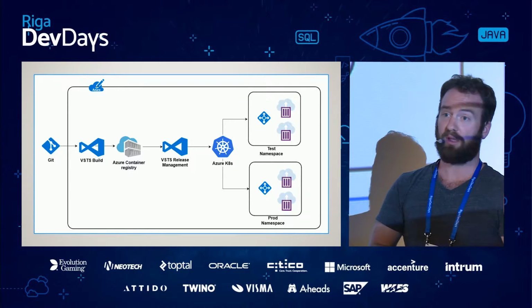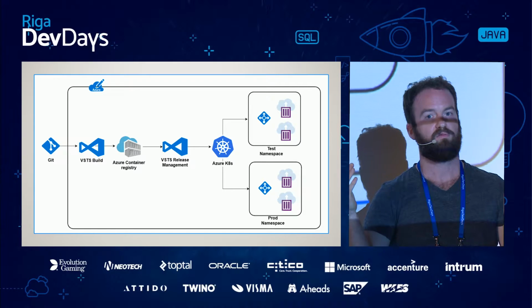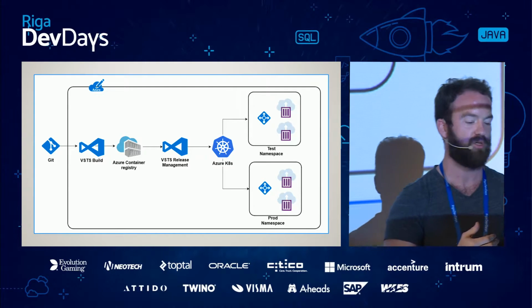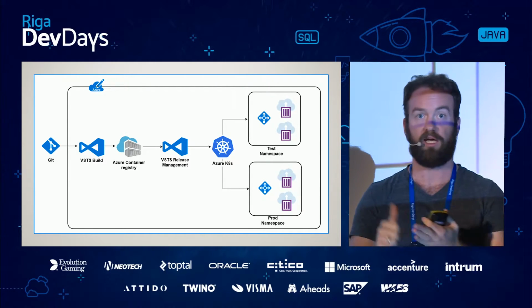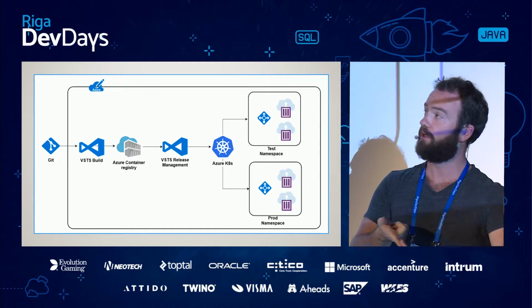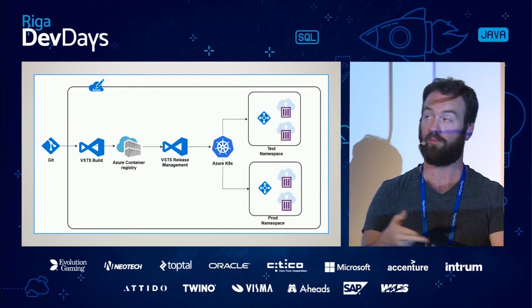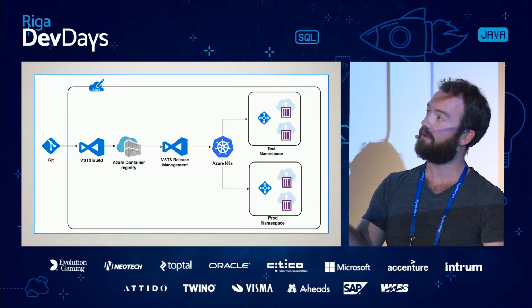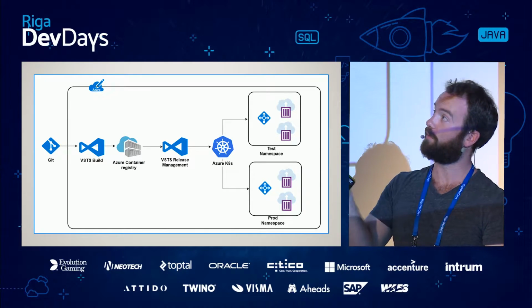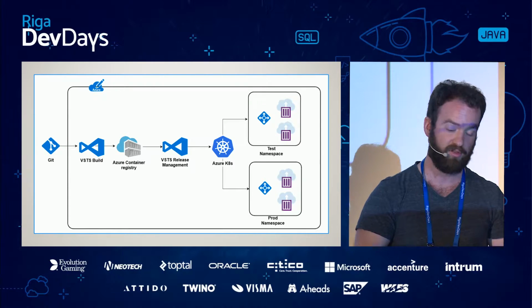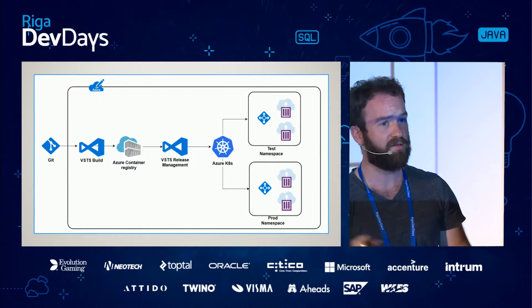But what it is, it's a suite of components. So it comes with an agile backlog, it comes with a marketplace for extensions, it comes with a build component, it comes with a release management component, it has its own NuGet feed.